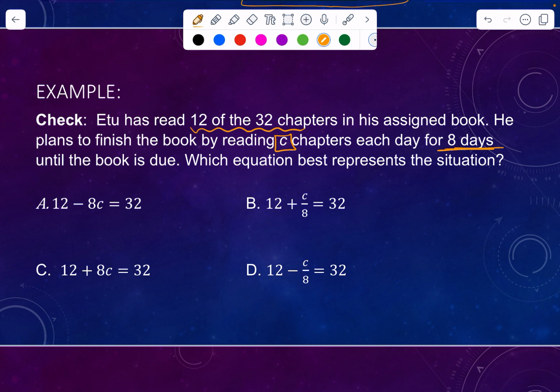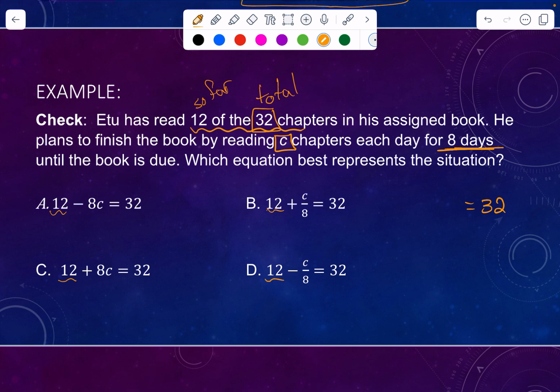Let's think about this. When we look, 32 is our total, so all of these are correct so far because we should have it equaling 32. The second thing I notice is that they have read 12 so far, so we should all have the 12 to start.